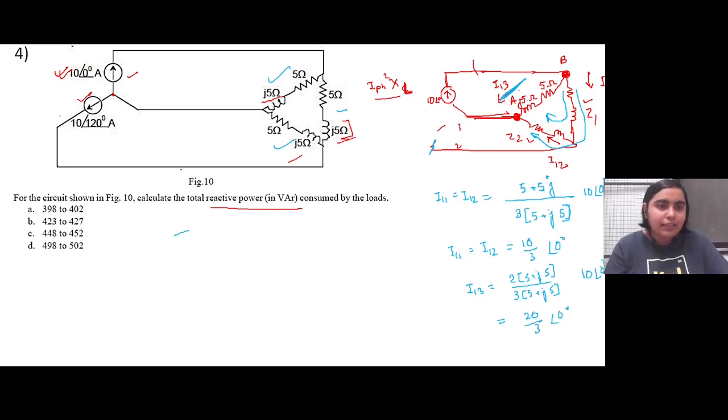Now using the other source, similarly we can calculate. I will just redraw the circuit with only the second source. So this is the second source.